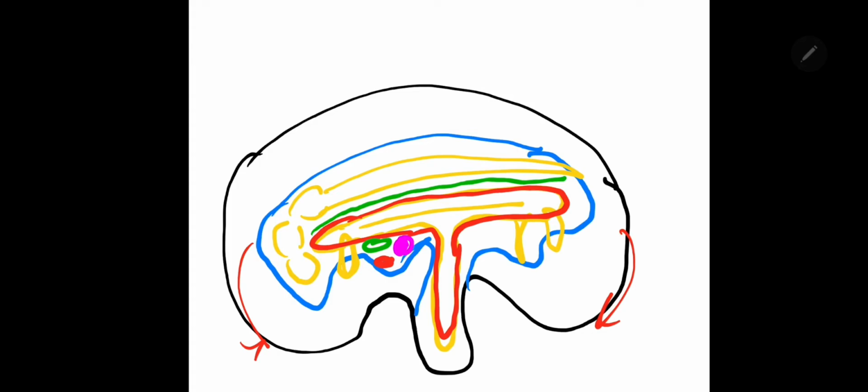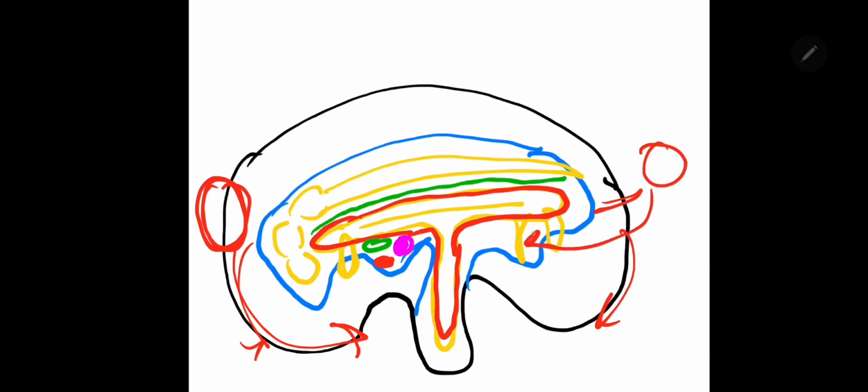Cardiogenic plate will be here. So they were here before the folding, but because of the head fold they come here, and this allantoic diverticulum and connecting stalk will be here before folding, but they will come here because of the tail fold. So the flat trilaminar disc is converted into a cylindrical embryo.